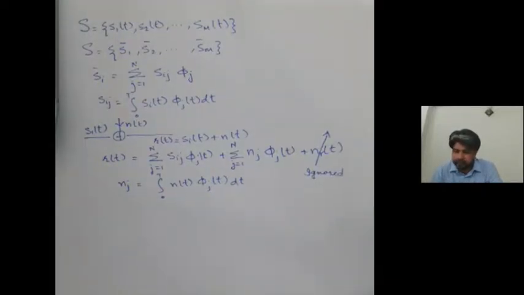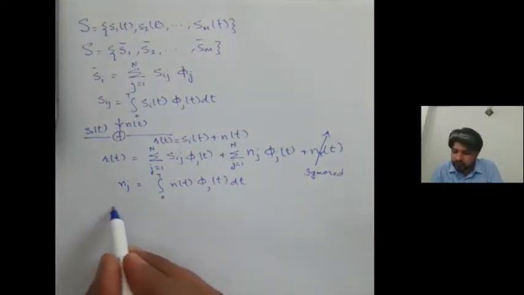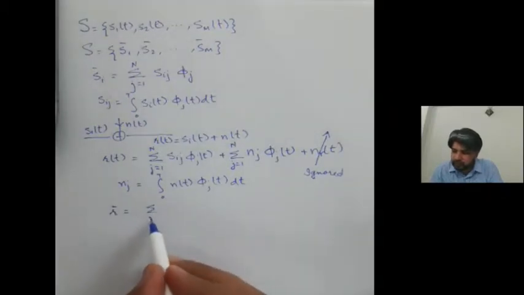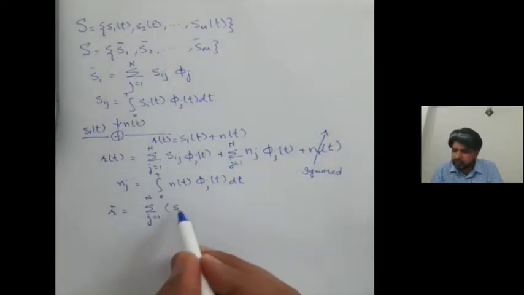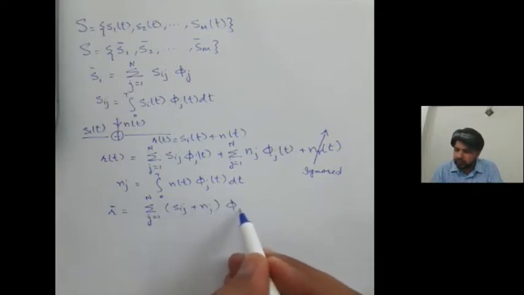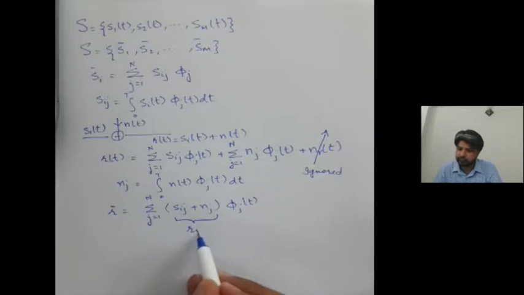So under such a scenario, you can also represent your received signal r as summation j equals 1 to capital N of sij plus nj times phi j of t, and you can call this quantity rj, where rj would be nothing but the projection of the received signal r of t onto the basis function phi j.